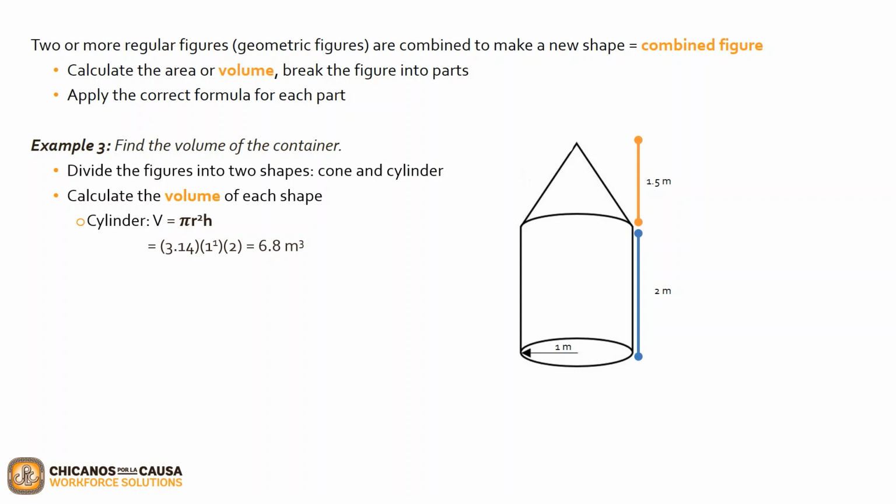So the cylinder is only 2 meters long, which is going to be our height here in our formula. So when we calculate all of that, we get 6.8 cubic meters. I'm sorry, cubic meters. I could not remember. So it's 6.8 cubic meters.